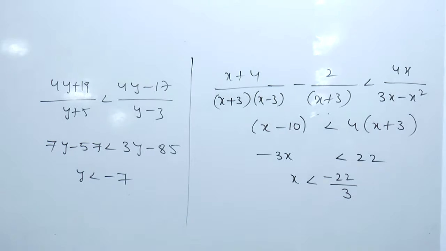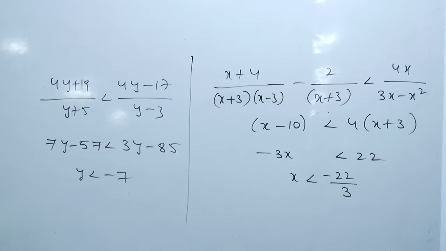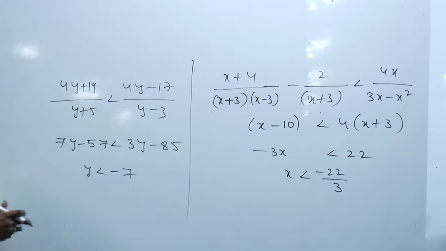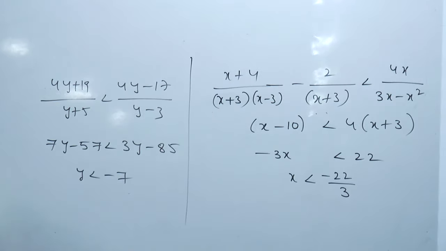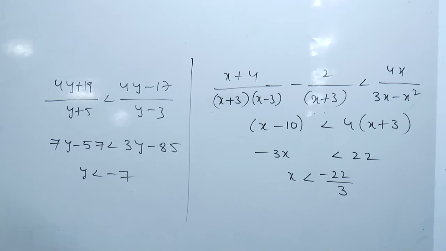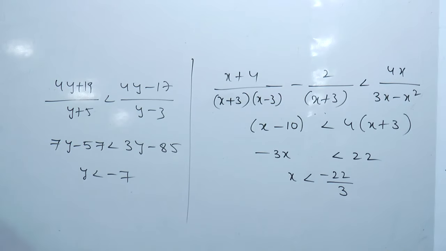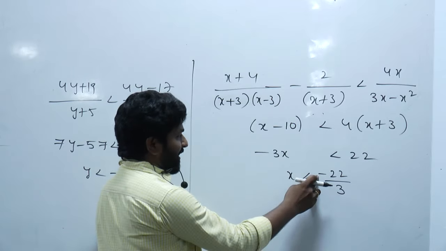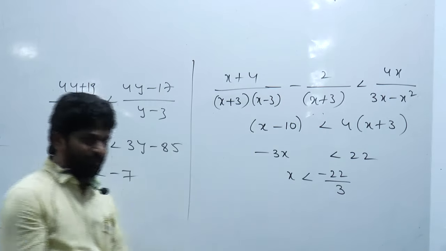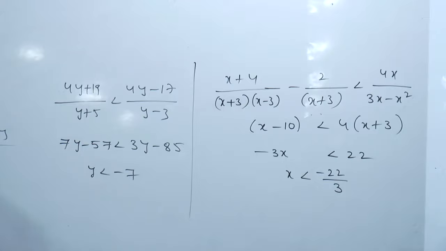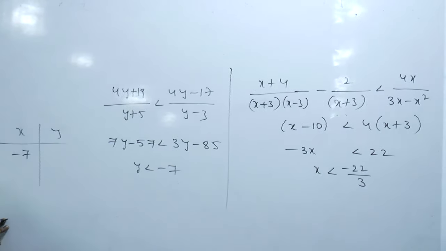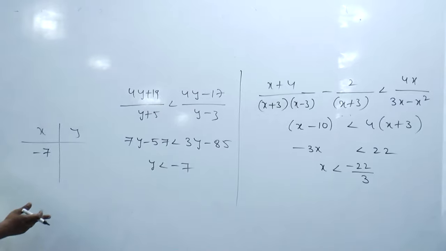Both are negative. The answer cannot be written; the relation cannot be established. We have discussed this already. You want me to explain with a few examples? I will. Yes or no? Two values are enough. This is -22/3, in the sense -7 point something. I will take -7. Is that okay?